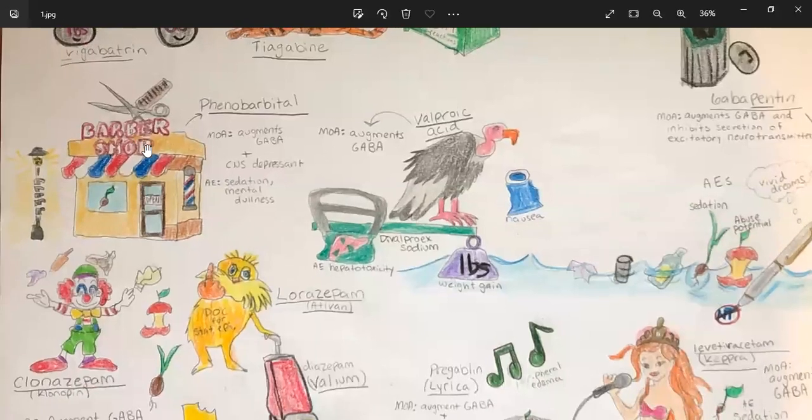So this barbershop is representing phenobarbital, barbershop. And this one is going to be an augmenter of GABA and a CNS depressant. Just to make this simple, the term augments GABA just means it increases GABA.